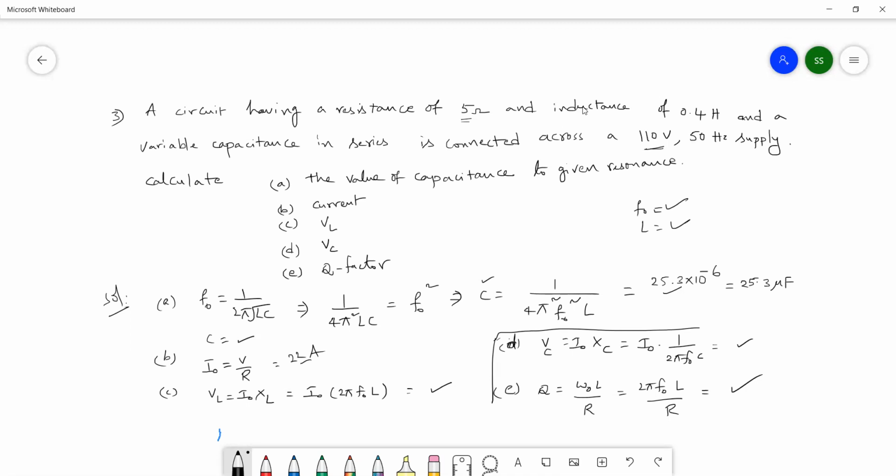Twenty-two into 2 pi into 50 into 0.4, how much will it be? 2763.2. Good, very good. 2763.2 volts, right. So similarly calculate your VC value and Q.